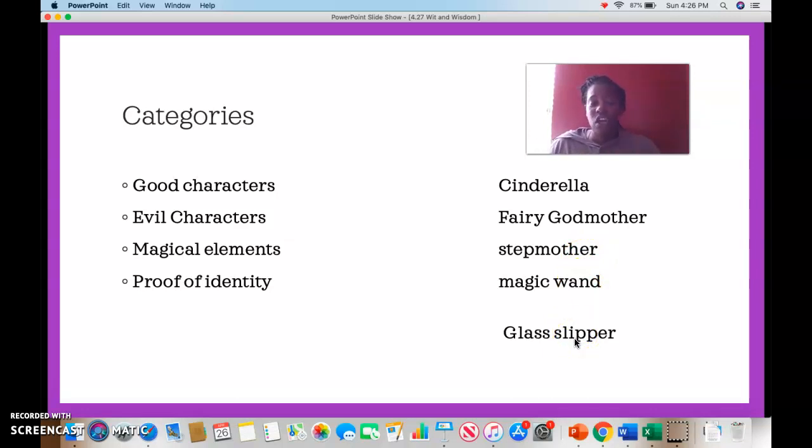Which of these things are going to go under magical elements under these categories? I want to give you guys a minute to think. If we had to draw a line from one character to one of the story elements, what would you do there? Just take your finger and swipe it across the screen to match all of the characters. I'm going to give you guys a minute to do that.